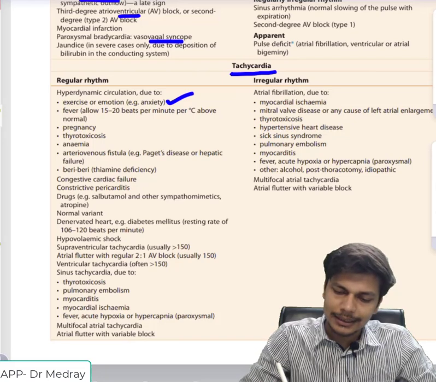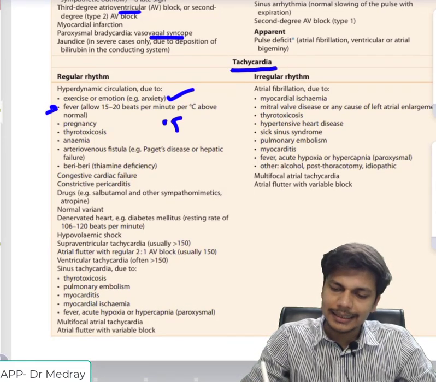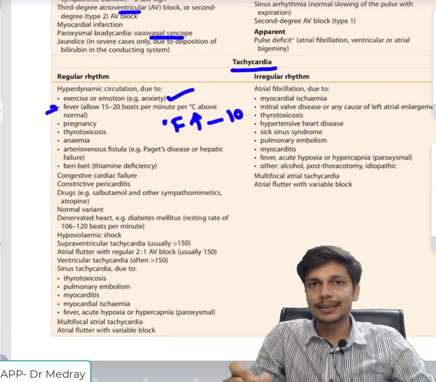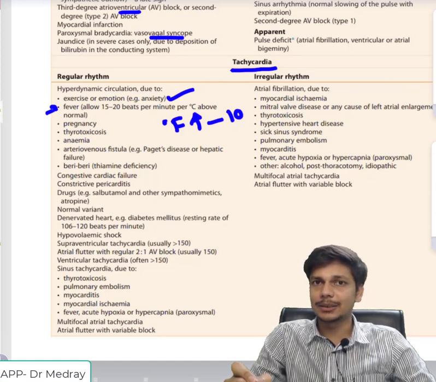Fever can cause tachycardia. As we know, for every degree Fahrenheit rise in temperature, the heart rate increases by 10. This is normal. So suppose I have a normal temperature of 98 degrees Fahrenheit today, and my heart rate is around 70 beats per minute.